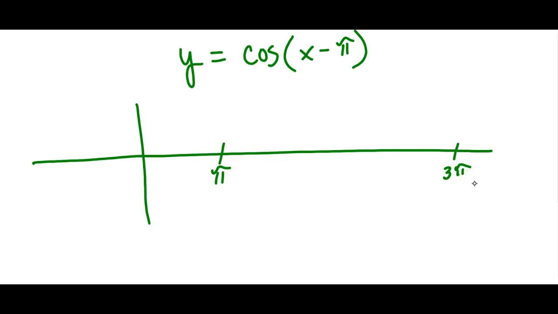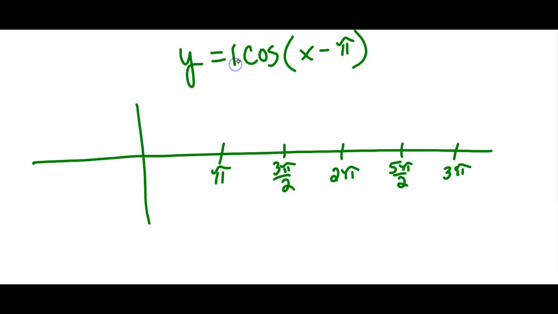Pi plus 3 pi is 4 pi, divided by 2 gives me 2 pi. Pi plus 2 pi is 3 pi, divided by 2 gives me 3 pi over 2. 2 pi and 3 pi give me 5 pi, divided by 2 gives me 5 pi over 2. So there are my 5 points. Once again, what's my amplitude?